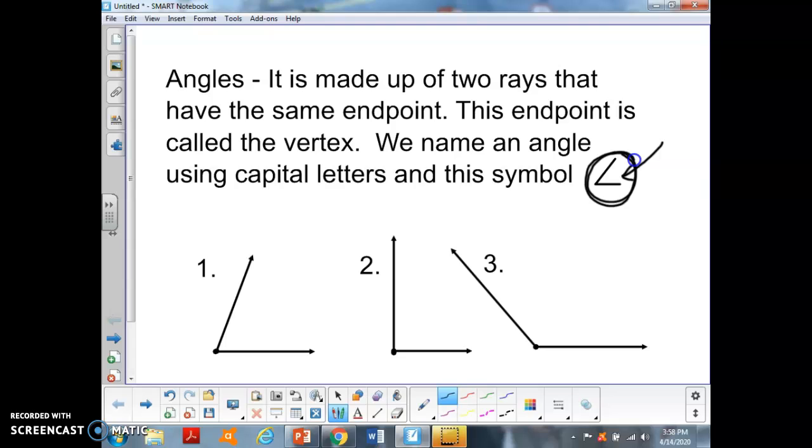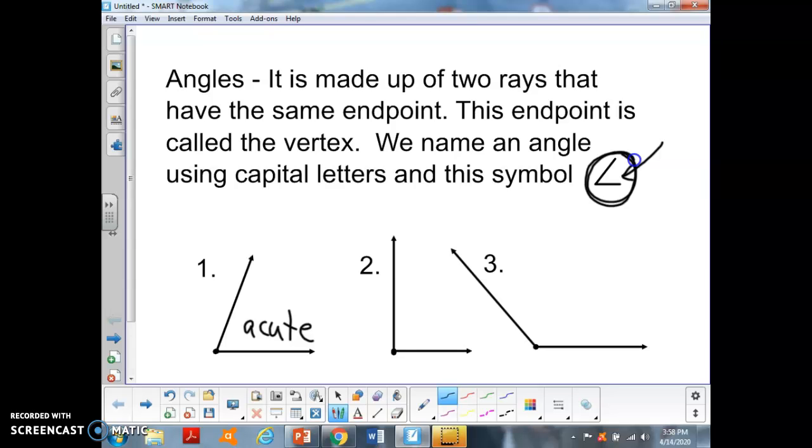So different types, so we'll get into those a little bit more. A right angle always measures 90 degrees, straight up and down, almost what we call perpendicular to the other line. But on the screen that you see, if it's less than 90, we call it acute. Number one is an example of an acute angle.